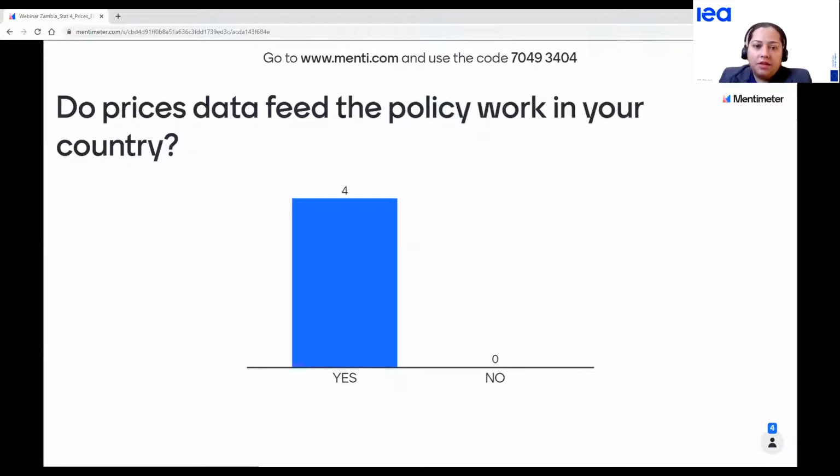I have a question in the chat box from someone asking how to put in the responses. You have to connect using your phone or your computer to the website www.menti.com. When you are on the website, you have to insert the specific code that appears on the screen, which is 70, 49, 34, and 04.